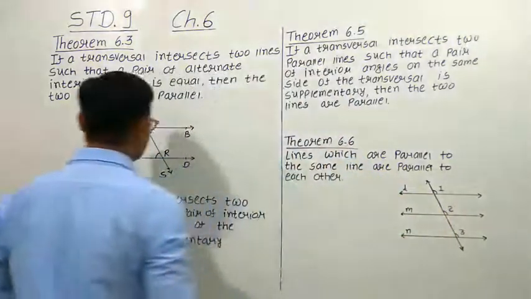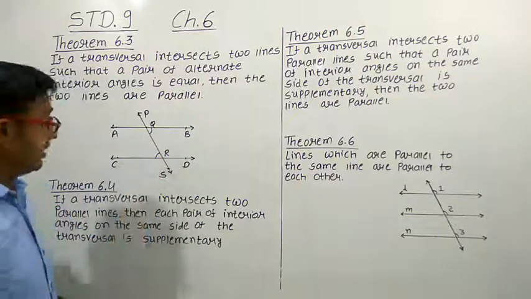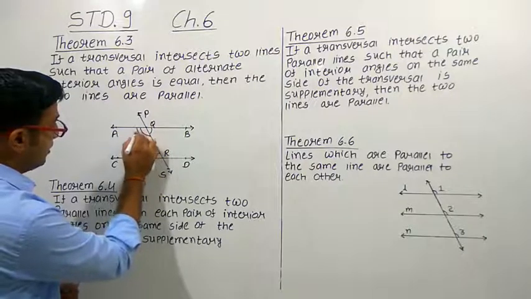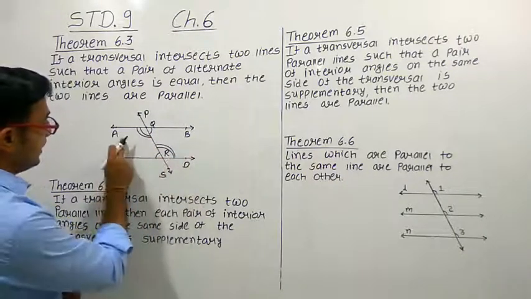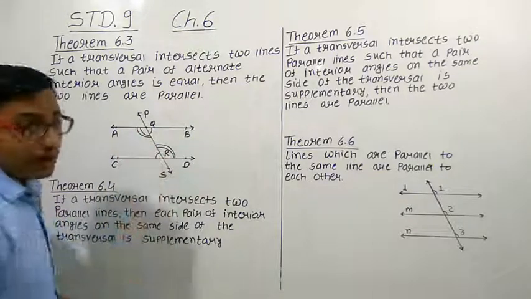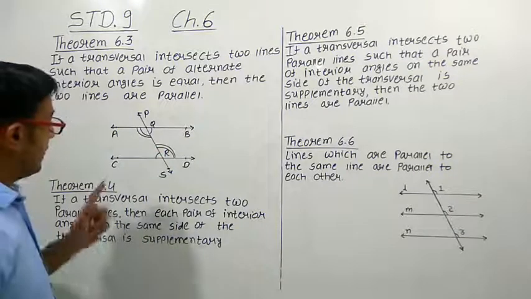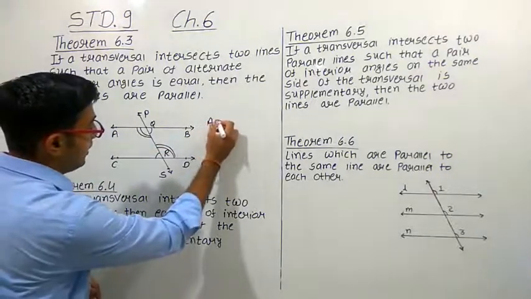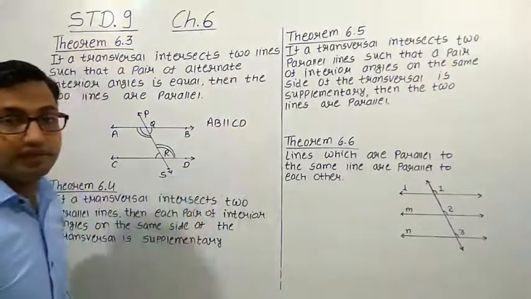It is not necessary that both pairs must be equal. If angle AQR equals angle QRD, this also makes a pair of alternate interior angles, and if they are equal, we can say that line AB is parallel to line CD.